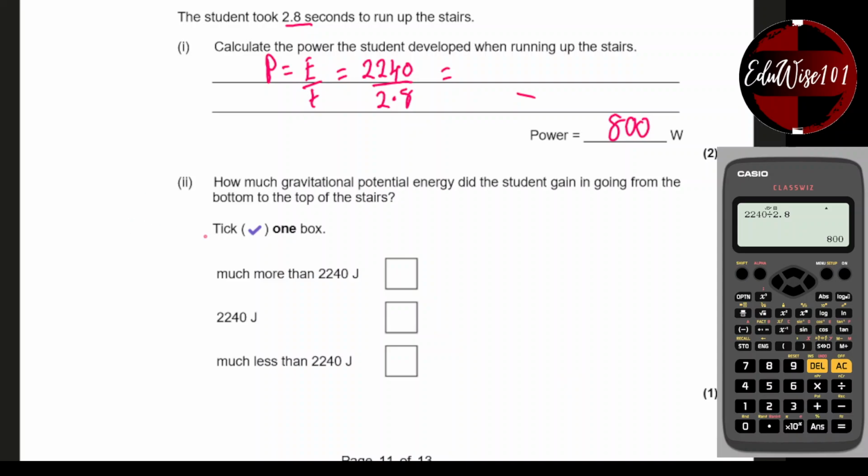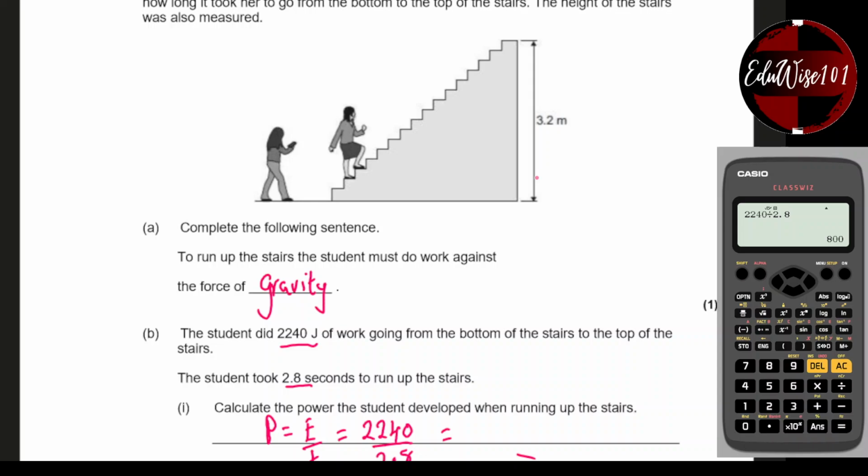How much gravitational potential energy did the student gain in going from the bottom to the top of the staircase? So, gravitational potential energy, GPE, is the mass multiplied by the gravitational field strength multiplied by the height. The mass of the student. Let's see, have they given?